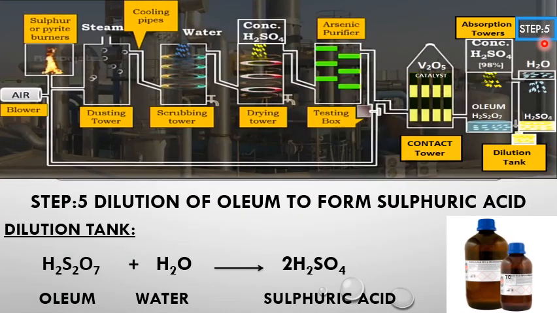Step number 5 is the dilution of oleum to form sulfuric acid. Basically, it is the conversion of oleum into sulfuric acid.